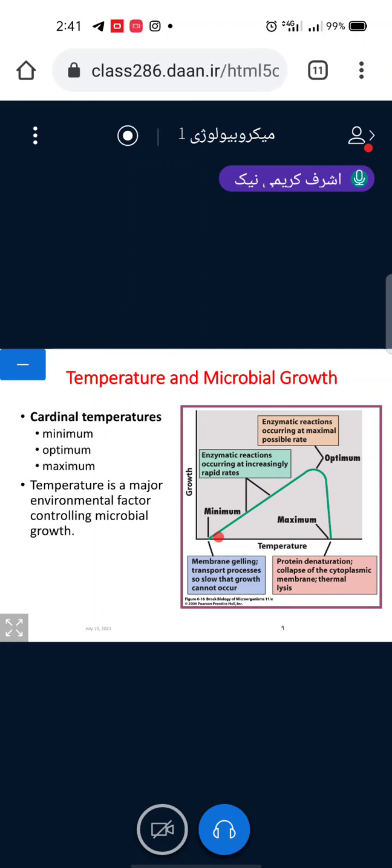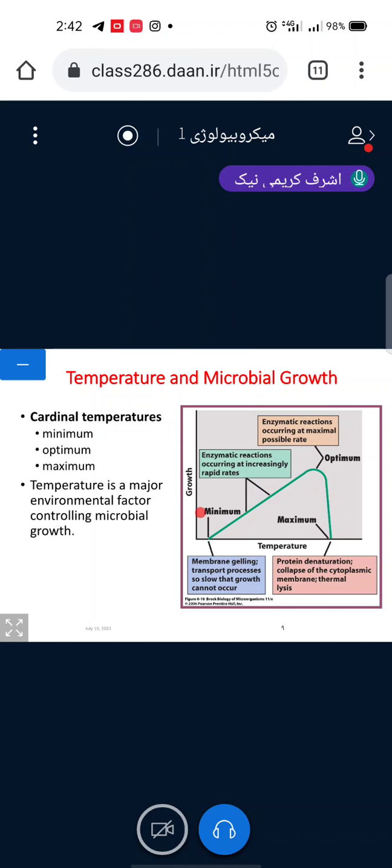At optimum temperature, enzymatic reactions occur at the maximal possible rate. It is the best temperature for that organism.